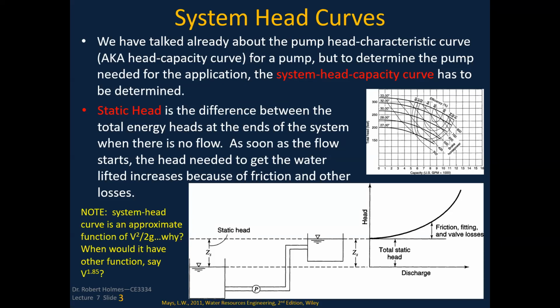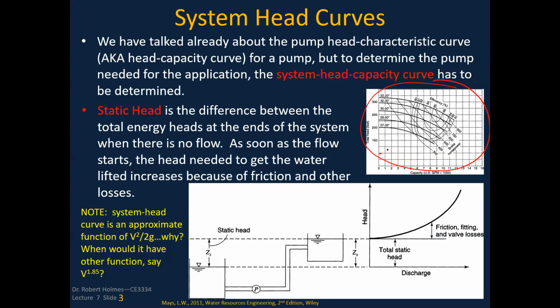So if we have a system head curve, we've already been talking about the pump head curves, and that's shown here in this graphic right here. The system head curve has to be determined, which is not going to be a static thing, because as the flow changes in the system, the head that will be needed from the pump will change as well.